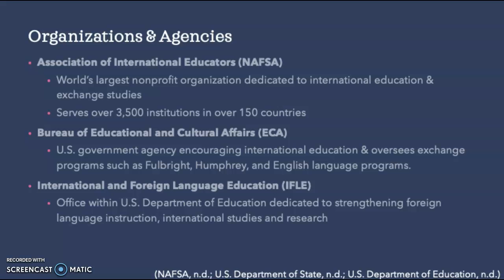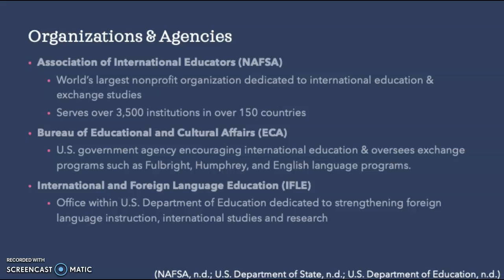These are some of the well-known organizations and agencies that support international higher education. First, there is NAFSA, known as the Association of International Educators. This is the world's largest nonprofit organization dedicated to international education and exchange studies. The next is the Bureau of Educational and Cultural Affairs, also known as ECA.